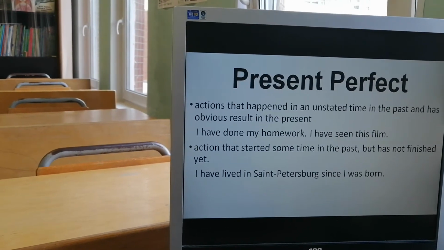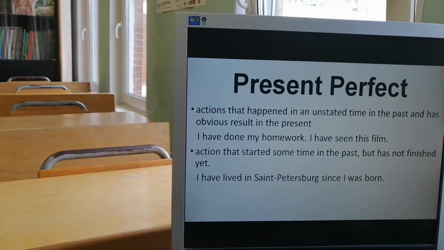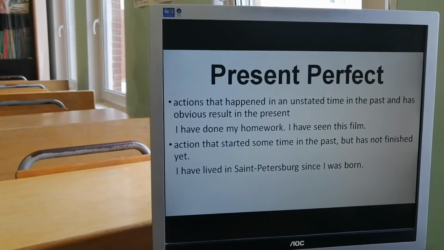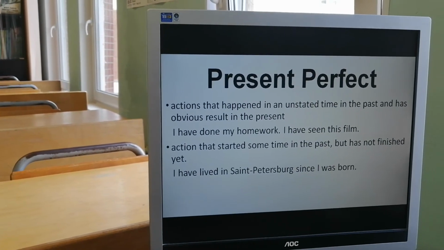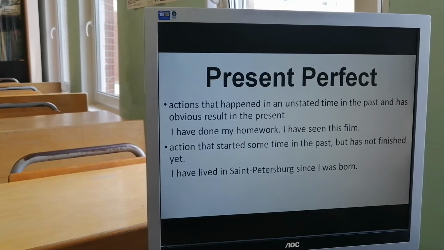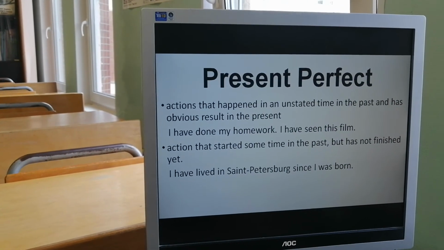Or I have lived in St. Petersburg since I was born. I have lived some time here. I am living here now and I am planning to live here for some more time.